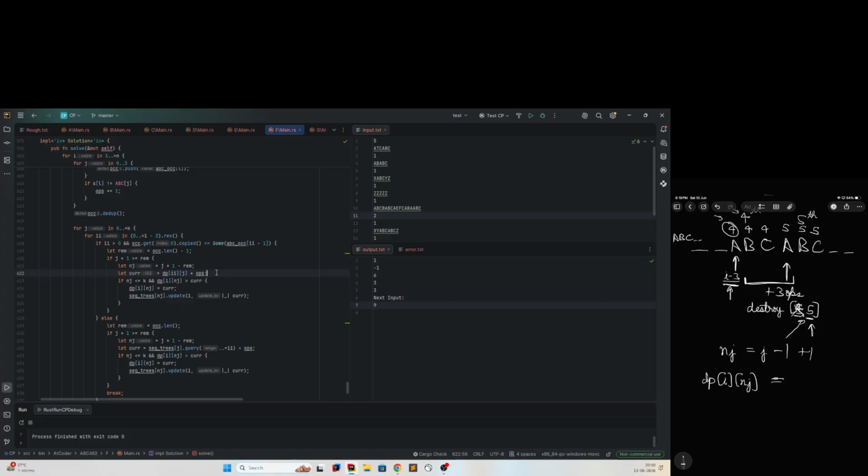We are going to update this with dp of i-3, j plus 3 operations. We find a minimum value of all of them, but this is what we are going to try to update. And if this is better than our current dp value, then we update it, and we update the same in the segment tree as well.